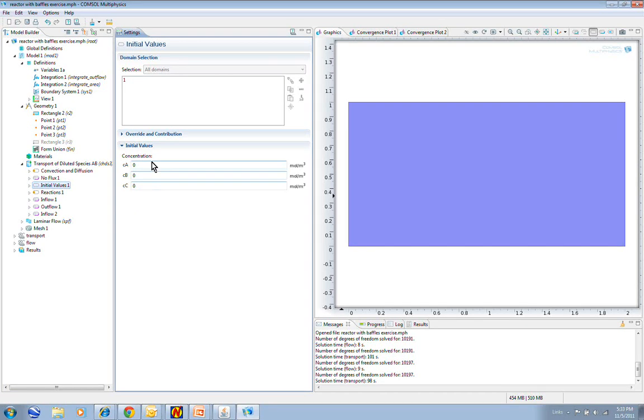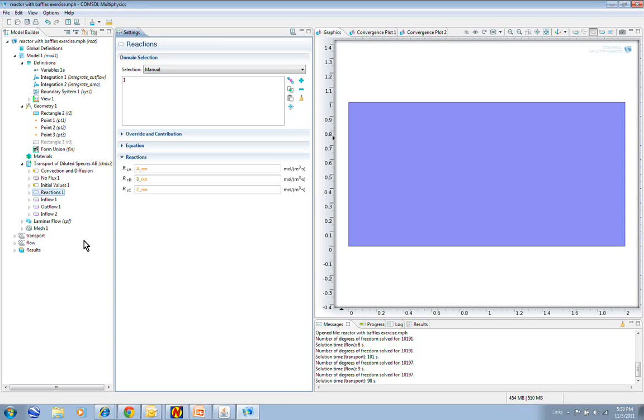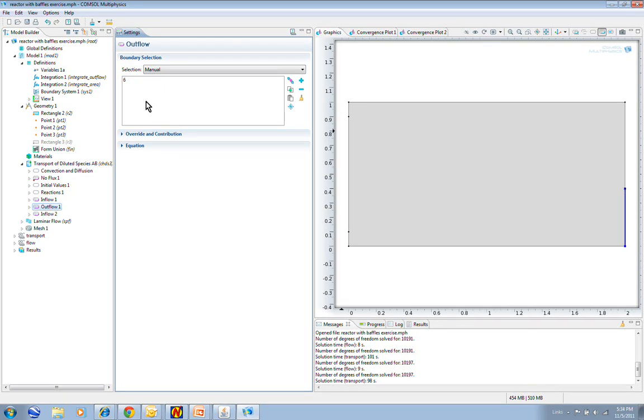So initial values, in this case, will be all zeros because we're going to be injecting the two reactants. The reactions are the same as what we've used before. For inflow, now we have to have two inflows for this case. This is the inflow for the transport problem, and we have A coming in here, so we specify it as A0 as that variable name, and up here it'll be B0, and outflow is just the outflow condition for that boundary.